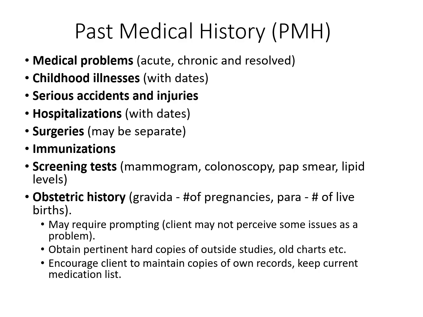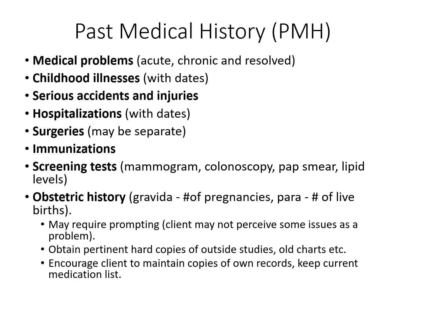Next we review childhood illnesses like asthma, rheumatic fever, or recurrent infections, because early conditions can influence adulthood. We ask about serious accidents and injuries as well as hospitalizations, including approximate dates and reasons. These events can uncover complications or long-term effects.